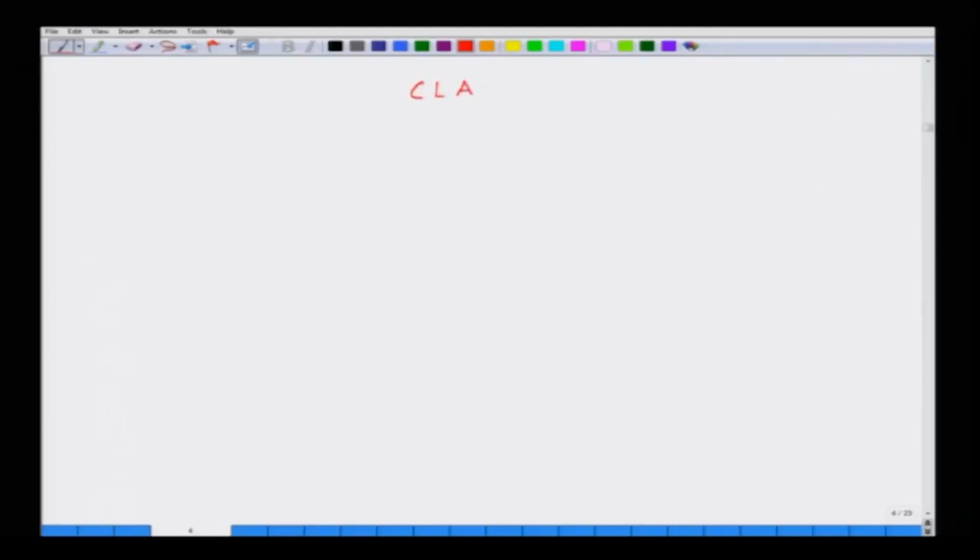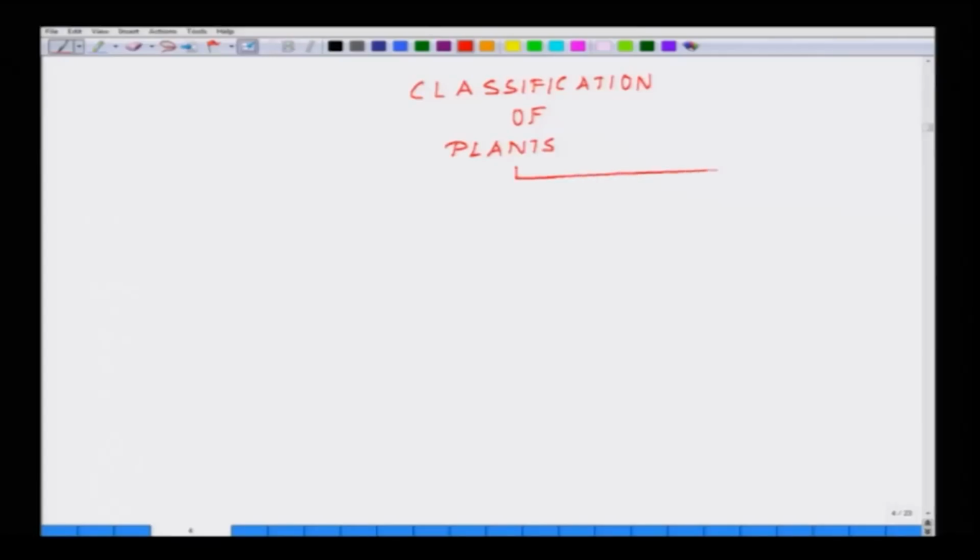Plants could be broadly, in a very simple manner, classified into two groups. You could have plants which are growing on land, and plants which are growing in water. This is the broadest of all classifications. Okay?